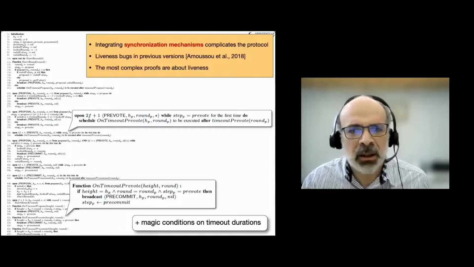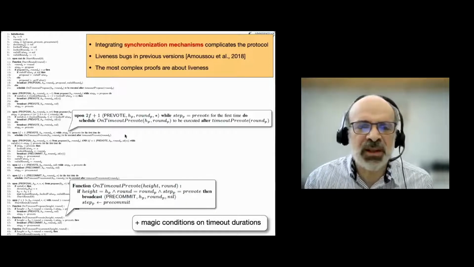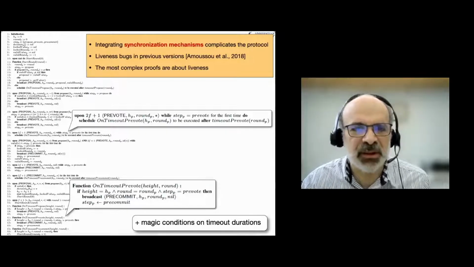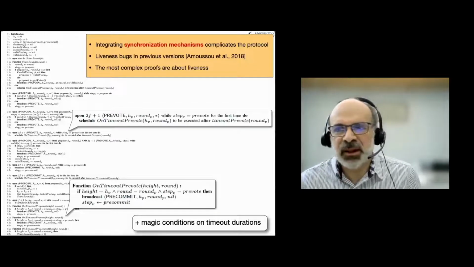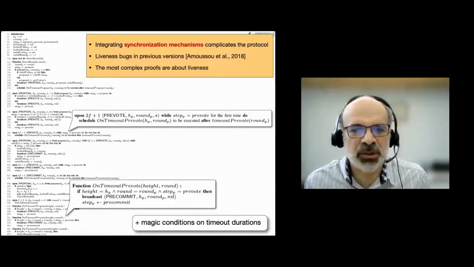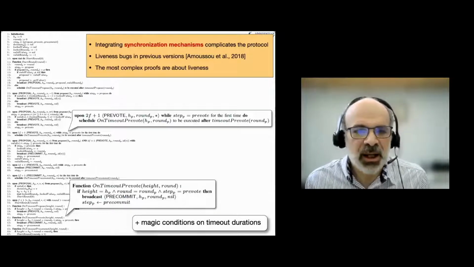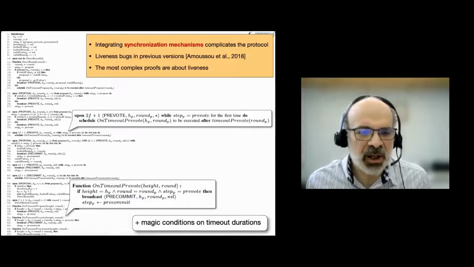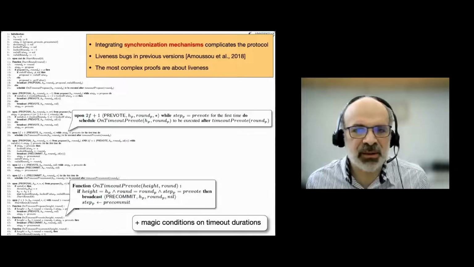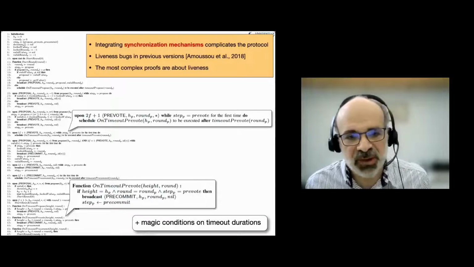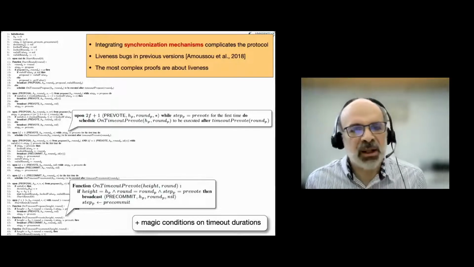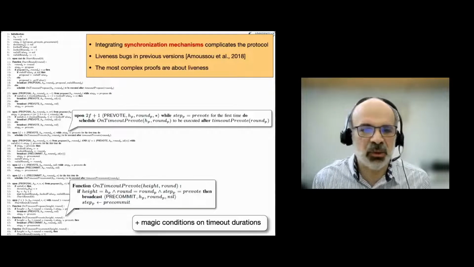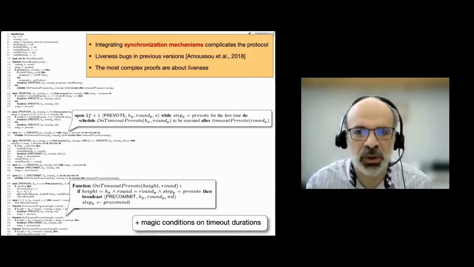That's one of the basic difficulties: the protocol integrates some sort of synchronization mechanism inside that makes it really, really complicated. As a result, it becomes quite complex to reason about correctness, and in particular about what is called liveness. Liveness means that the protocol makes progress, and these synchronization mechanisms are needed precisely to ensure that progress is being made.